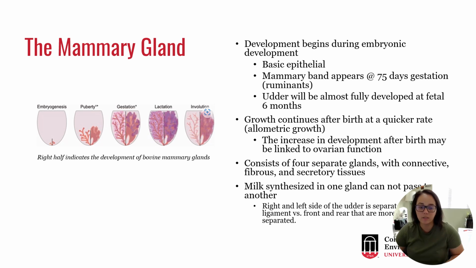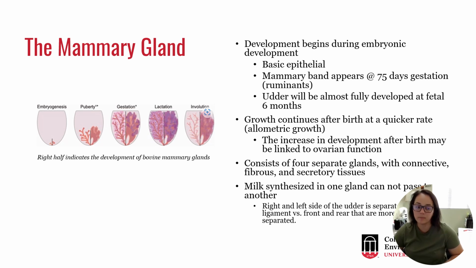And again, for the sake of this presentation, everything, the days and the information I'm referring to, pertains to our ruminants, obviously, which is what we are doing in class. So at 6 months, when the fetus is 6 months, we will start to see a pretty much fully developed udder.